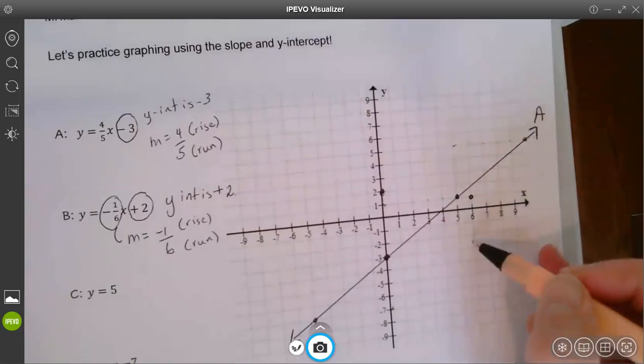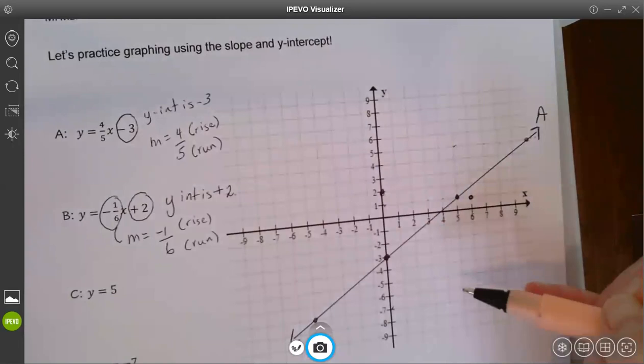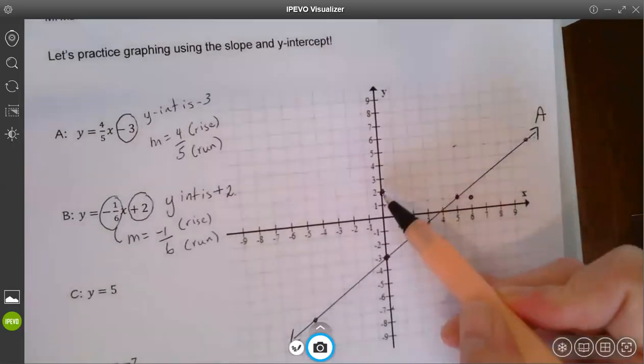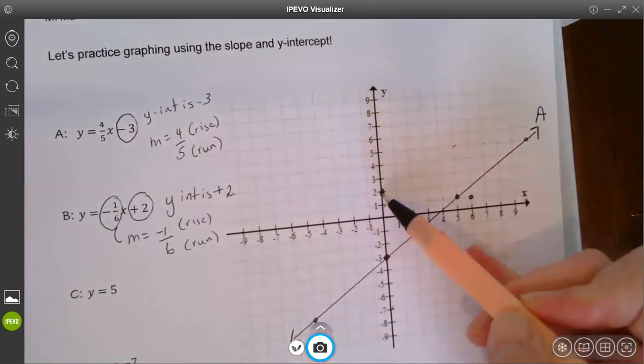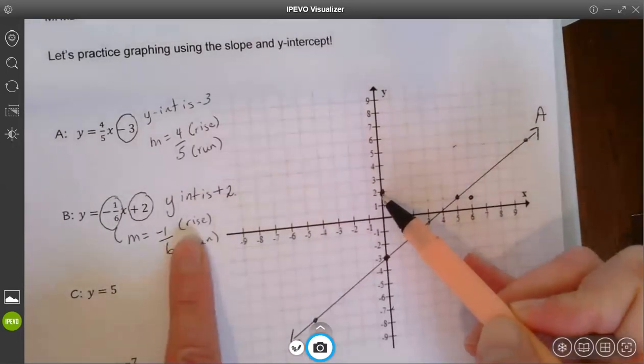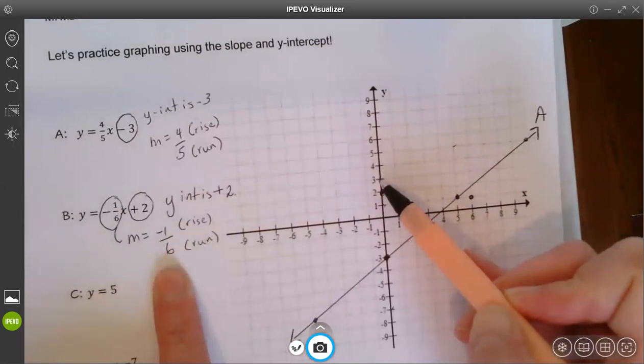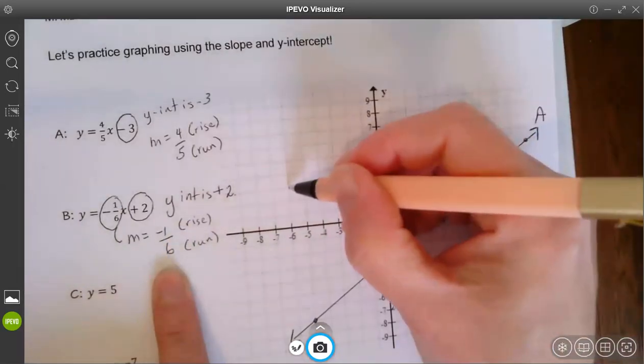Now if I continue that, it's going to take me off my grid, so I always want to find a third point. I'm going to do the complete opposite from my y-intercept. Instead of going down 1, I'm going to go up 1, and instead of going forward 6, I'm going to go back 6.